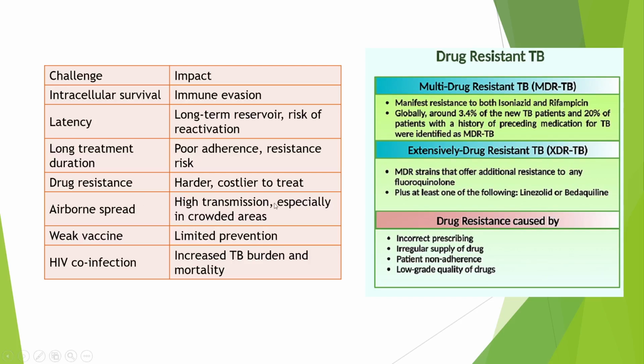So it is highly transmissible, and especially in crowded areas. So weak vaccine, so it is of limited prevention. And then HIV co-infection is a major complication of this. So when there is HIV co-infection along with TB, it increases the TB burden and definitely increases the mortality.